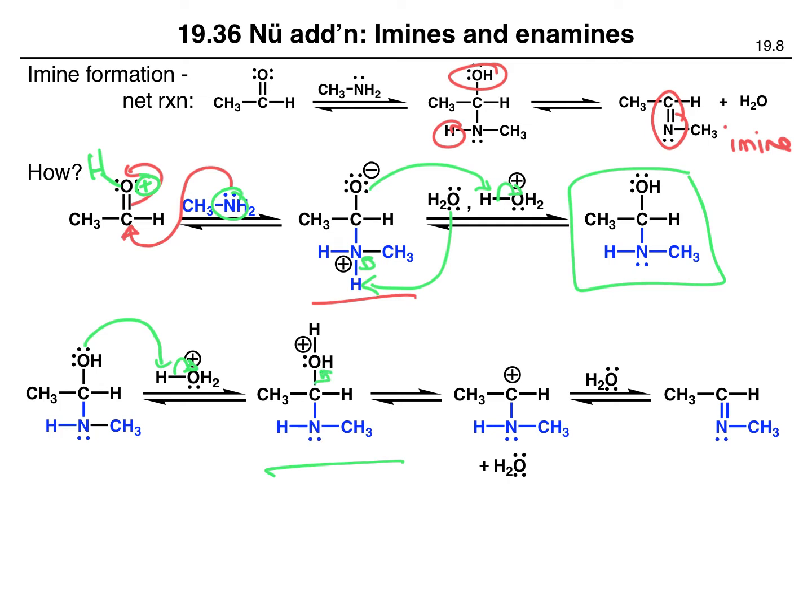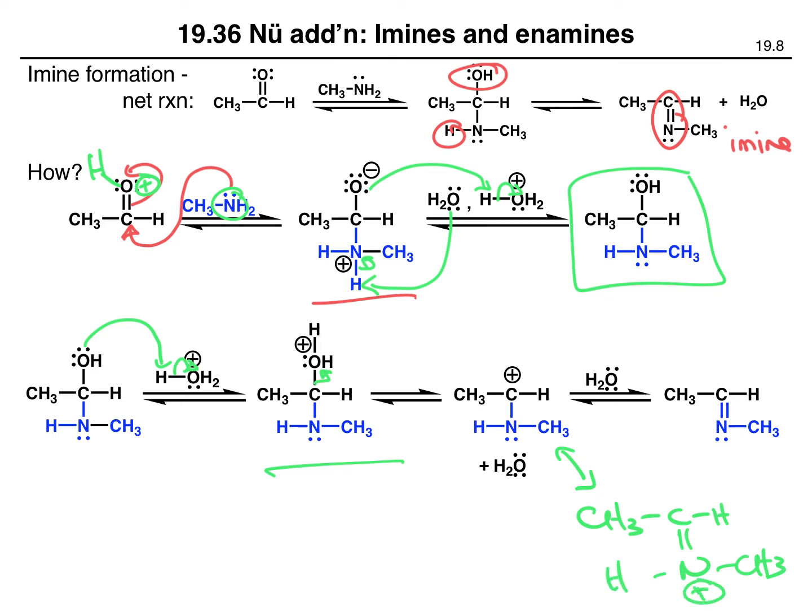Water can leave. This should look familiar. This part is very similar to what we saw with acetal formation. Once water leaves, we get this carbocation, and this is stabilized by resonance because we have another resonance structure we can draw that looks like this.